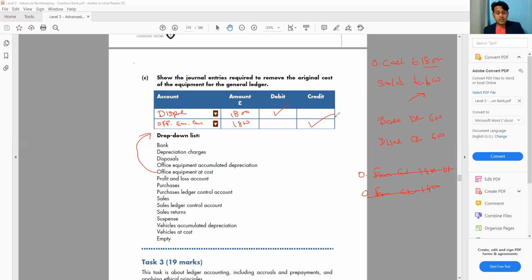So normally office equipment is our debit, but if I want to remove it, because this asset is no more with us, we need to make it credit. And why are we making it credit? Because of the disposal. So disposal will be debit.